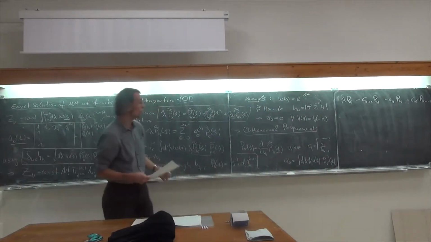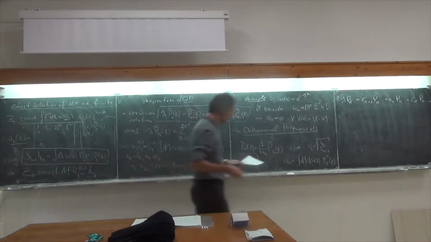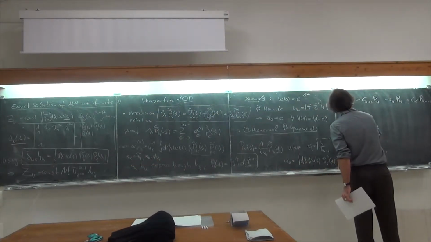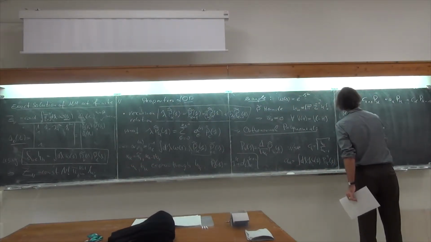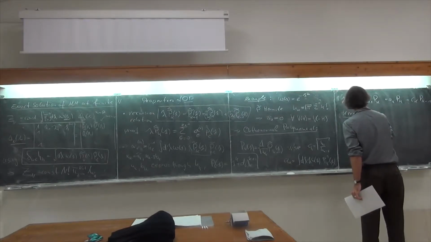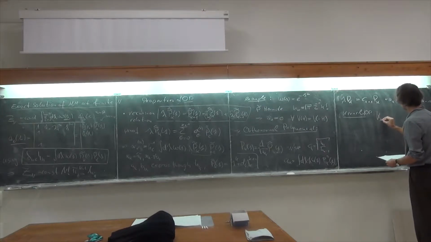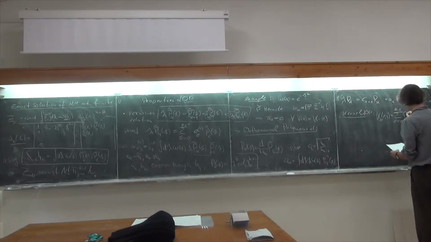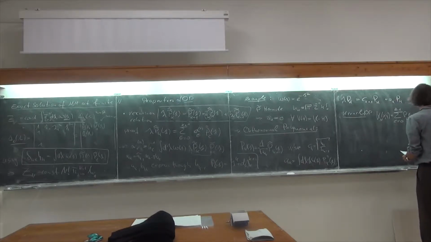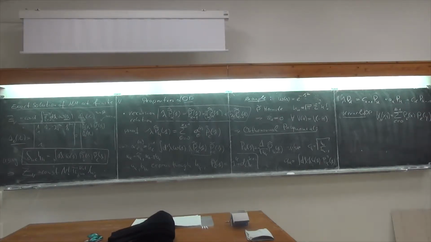Okay, why did I introduce these orthonormal polynomials? Because they will lead to the kernel of orthogonal polynomials, and that's defined as follows. So it's the sum over this bilinear of polynomials of degree L from 0 to n minus 1.